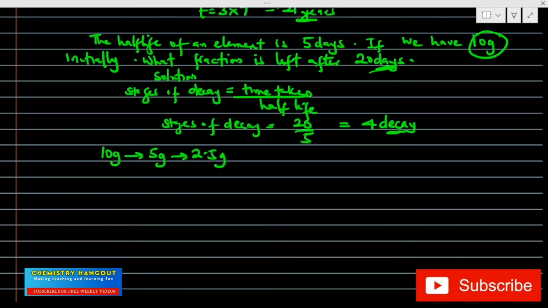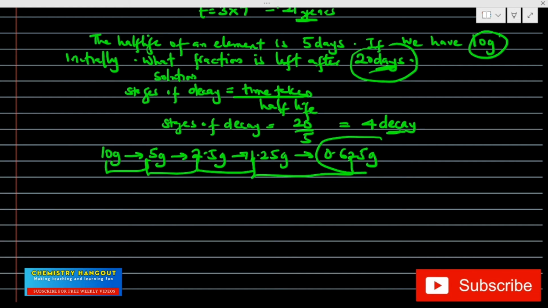Then 2.5 divided by 2 gives us 1.25 gram. Then 1.25 gram divided by 2 again gives us 0.625 gram. So 1, 2, 3, 4. If they have asked what mass will be left after 20 days, the answer would have been 0.625 gram.